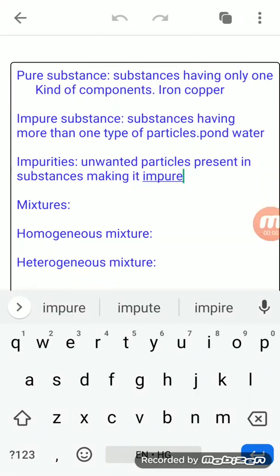We will see the next term, and that is mixture. A mixture is a substance which contains more than one component. How does it differ from impure substances?